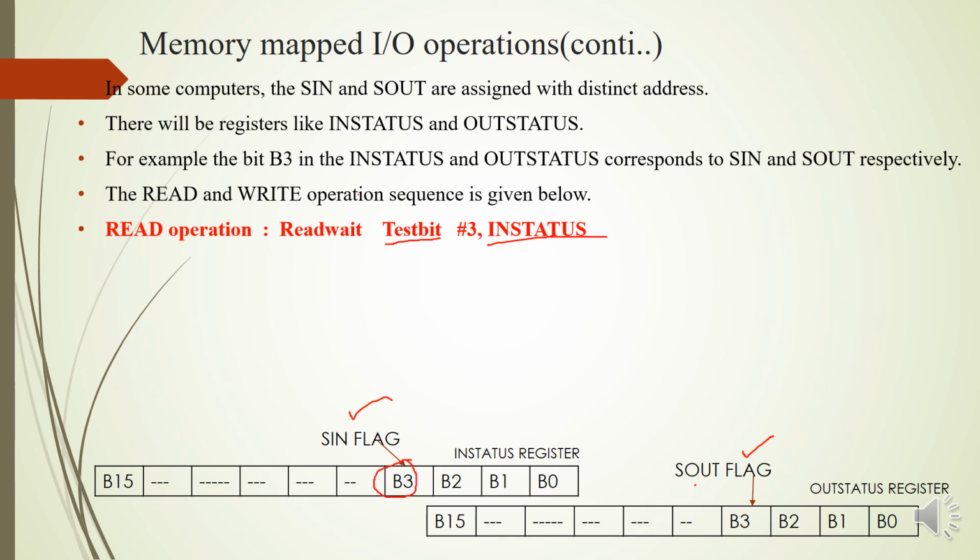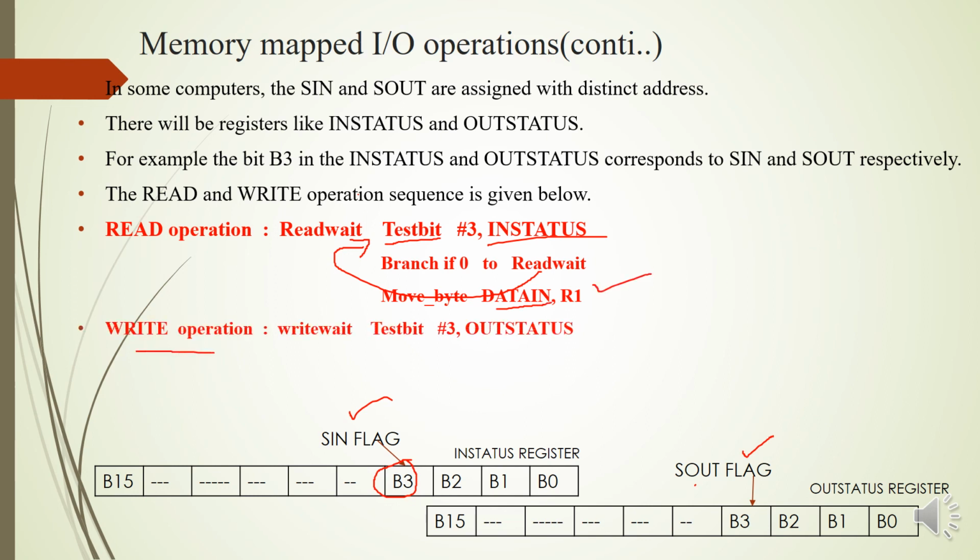The B3 bit represents the SIN flag, in order to check whether there is valid input from the keyboard. Branch if 0 to read wait. If the SIN flag is 0, branch to the same instruction above. If not, that means SIN is 1, move byte from data in to R1.